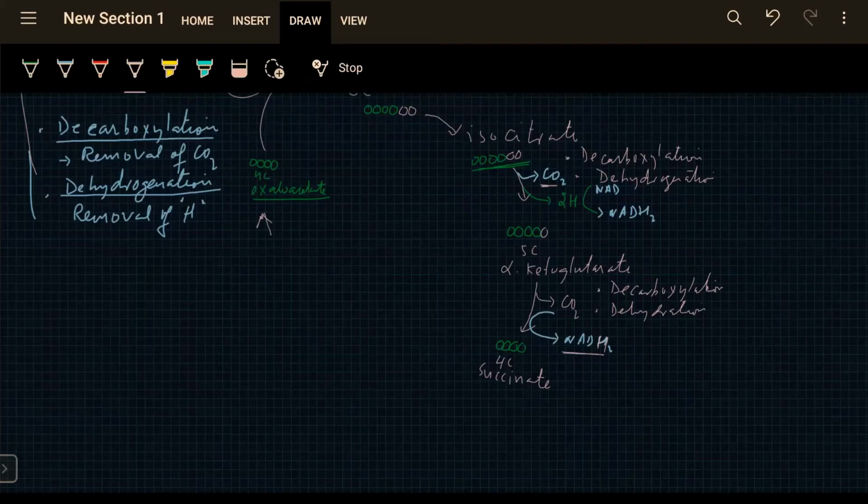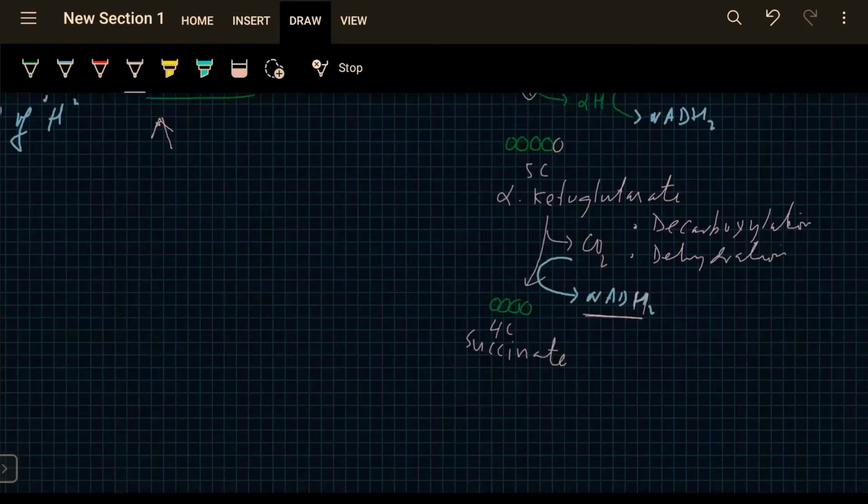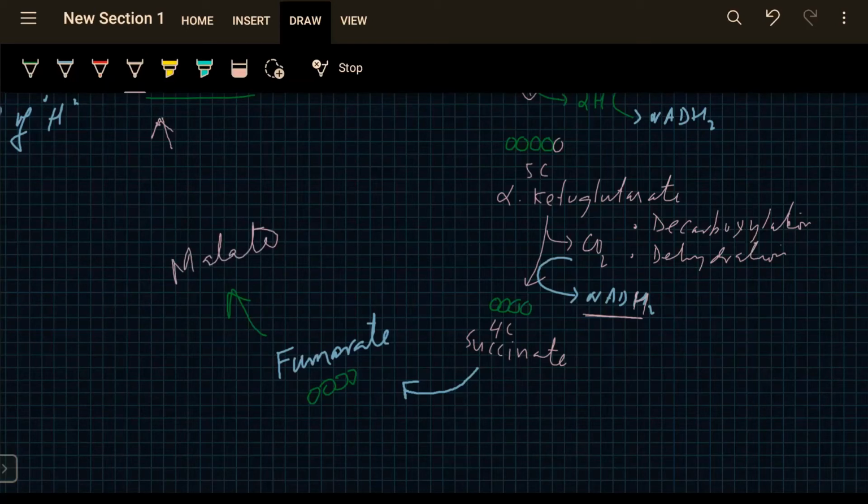It undergoes rearrangement steps. First, this succinate is converted into fumarate, a 4-carbon molecule. Then fumarate is converted into malate, which is also a 4-carbon molecule.